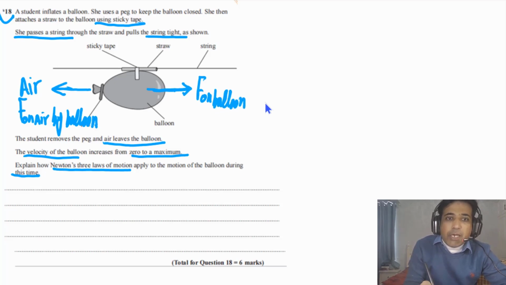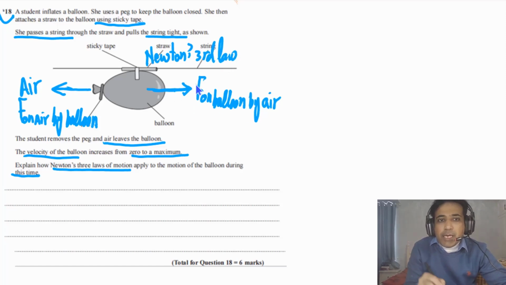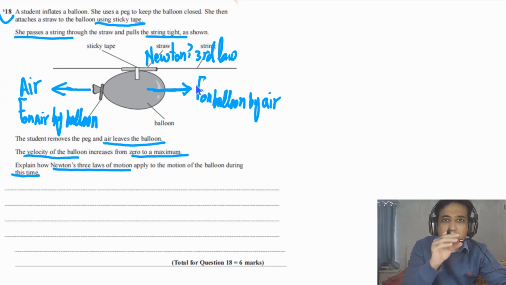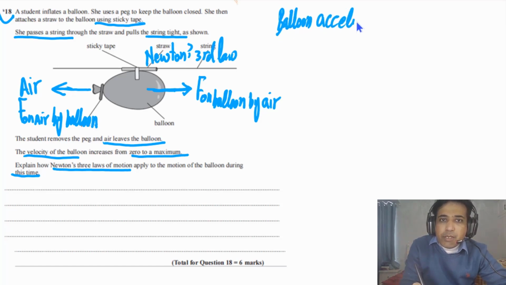This is the reaction force by air, so this is by Newton's third law. Now we need to understand that as the balloon accelerates, because the speed of the balloon increases from 0 to a maximum value, the balloon accelerates.